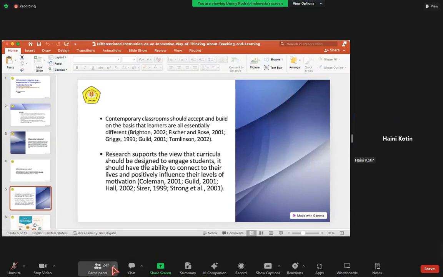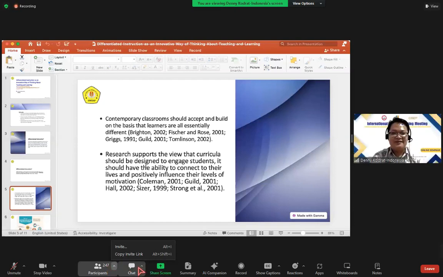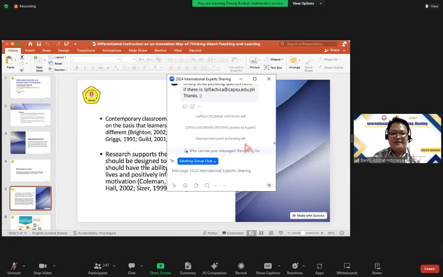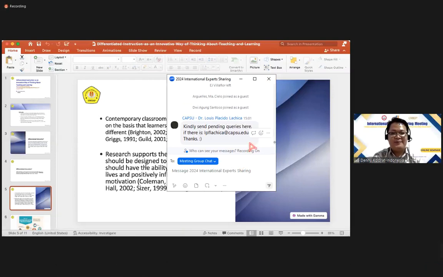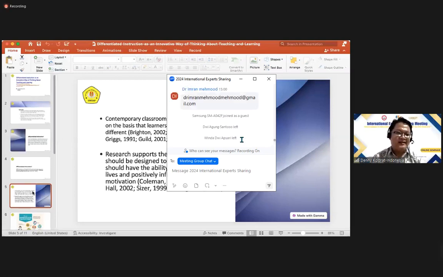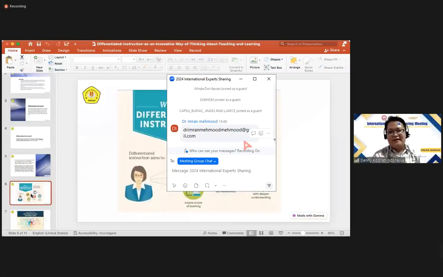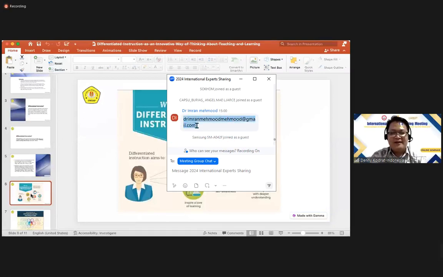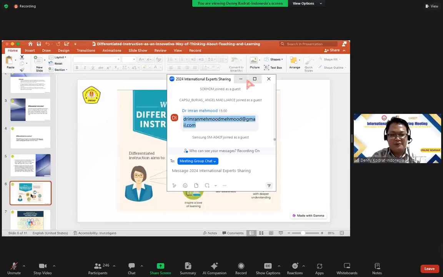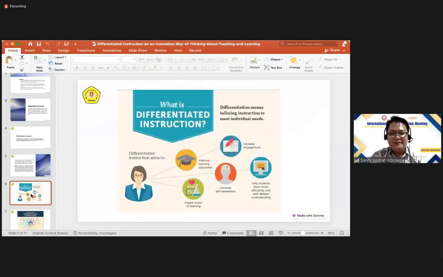There is support for the view that curriculum should be designed to engage students. It should have the ability to connect to their lives and positively influence their levels of motivation. Ladies and gentlemen, from the picture here, we can see that as a teacher who performs differentiated instruction, the teaching and learning should improve learning outcomes, increase engagement between teachers and students, and inspire love of learning.